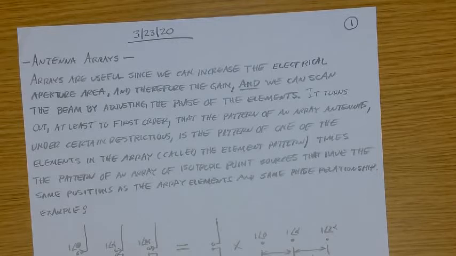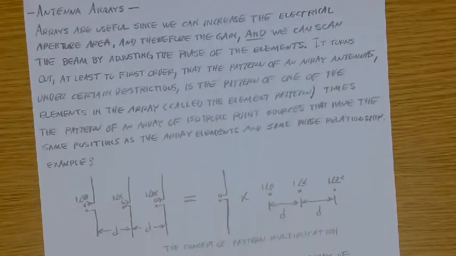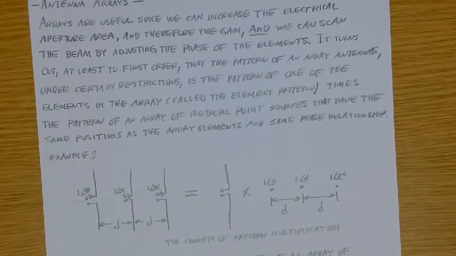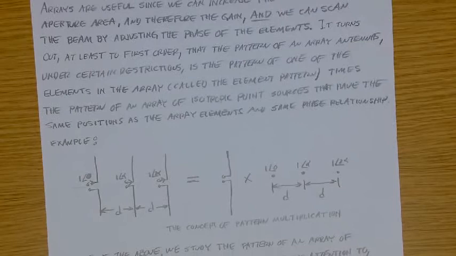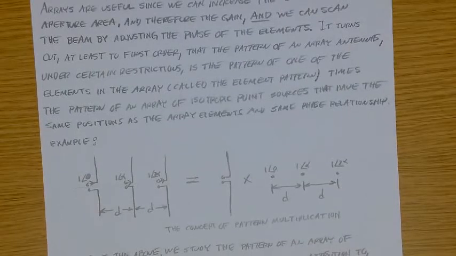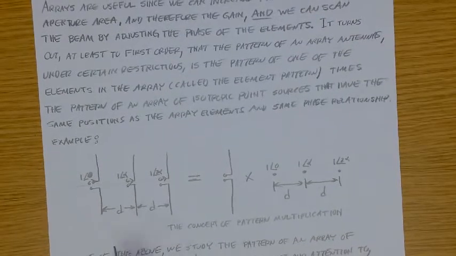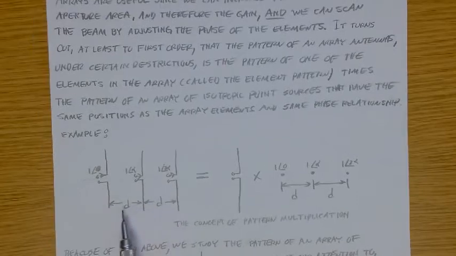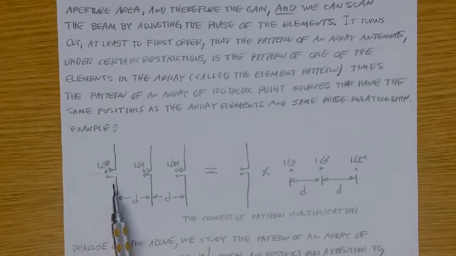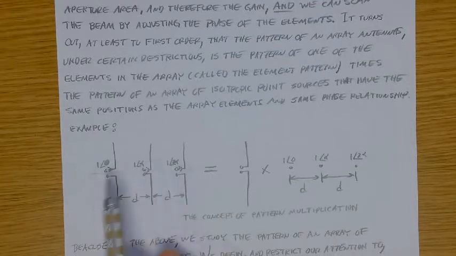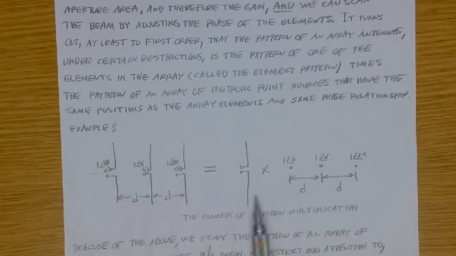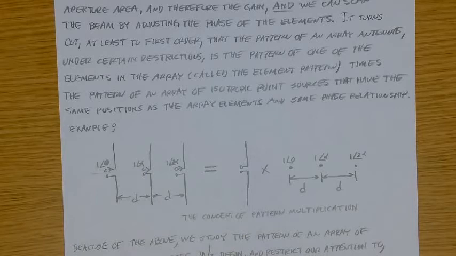Okay, so that said, there's another principle that we call pattern multiplication. Pattern multiplication basically says that if I have an array of elements like those shown here, and I want to compute the pattern of the array, then I can take the pattern of one of the elements, in this case something like a half wave dipole, say, or an infinitesimal dipole.